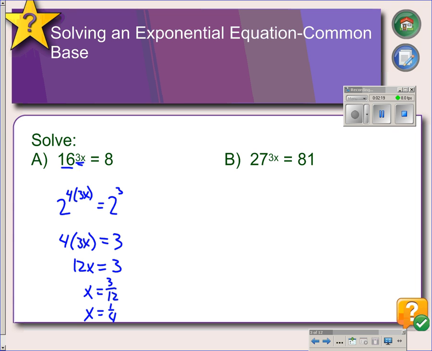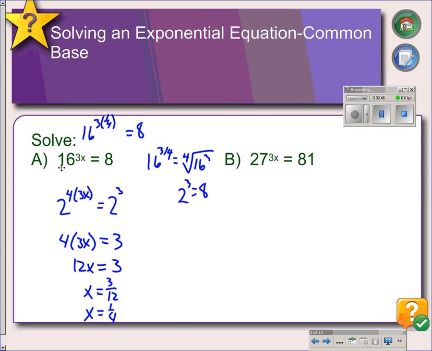If you put that back into the original equation, we get 16 to the 3 times 1/4 equals 8. So 16 to the 3/4 is 8. So the 4th root of 16 cubed must be 8. The 4th root of 16 is 2. 2 to the 3rd is 8. And yes, it does work.